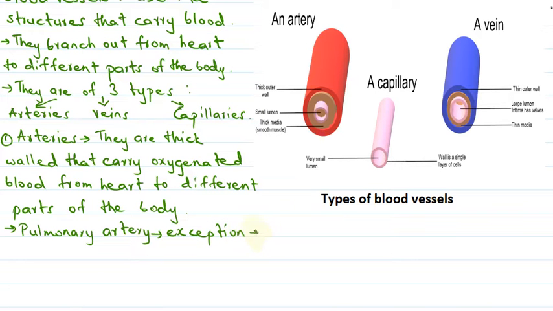Because they carry deoxygenated blood, whereas all the arteries are carrying oxygenated, that is oxygen rich blood, except for pulmonary artery which is carrying deoxygenated, that is carbon dioxide rich blood. So this is an exceptional case in case of arteries.